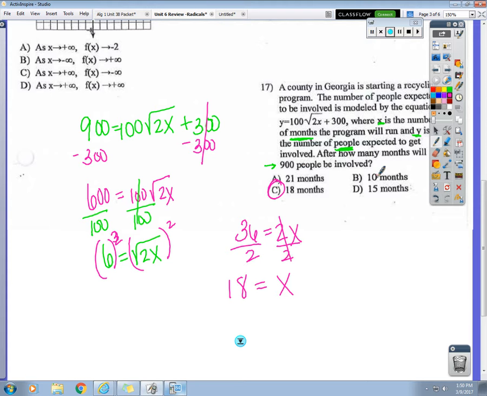Like, look, if you plug in 10 right here, what's 2 times 10? 20. So type in 100 times the square root of 20, then plus 300 on the outside of the root. What do you get?